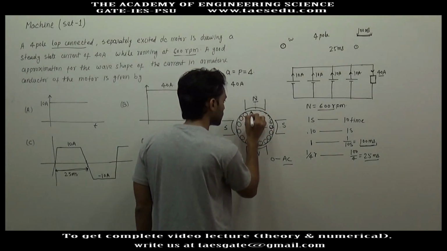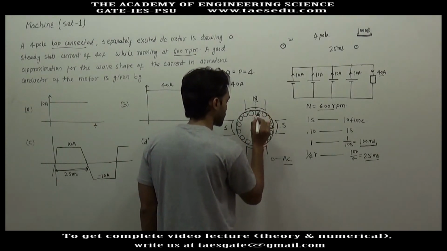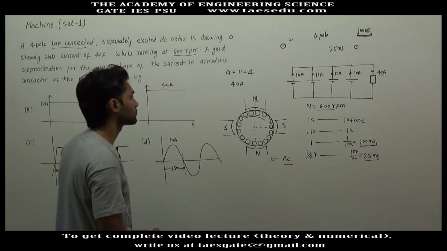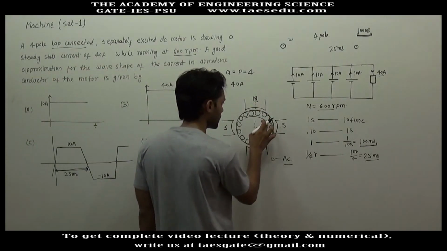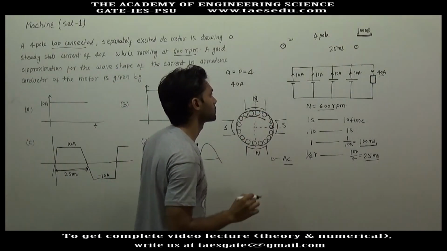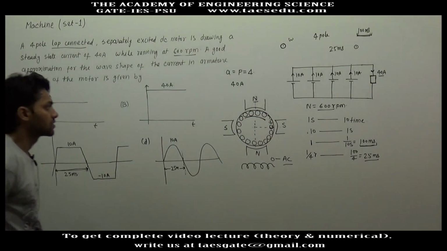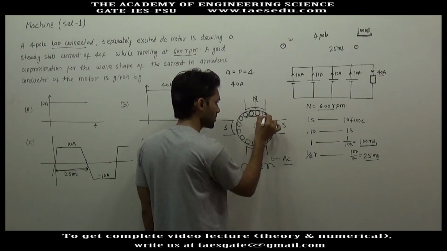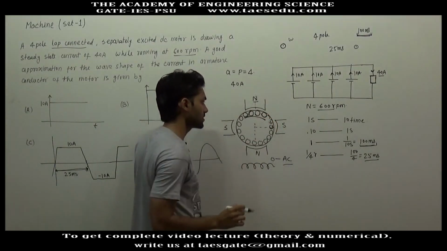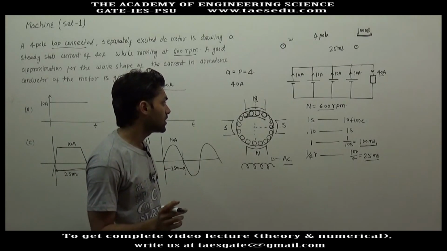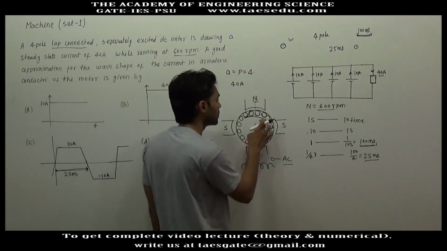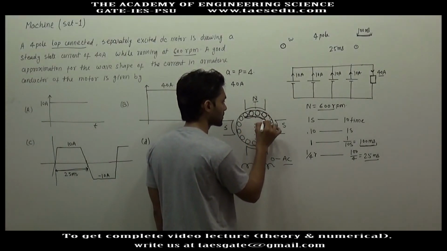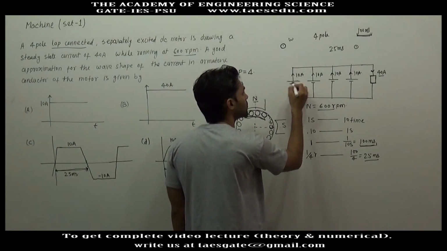So let us consider these 4 conductors, and let's say these 4 conductors are in the influence of this north pole, and connected in series. The voltage generated in each conductor will have different magnitude, but since these 4 conductors are connected in series, the total voltage will be the arithmetic summation of the voltage generated in the 4 conductors, which will be this voltage V.